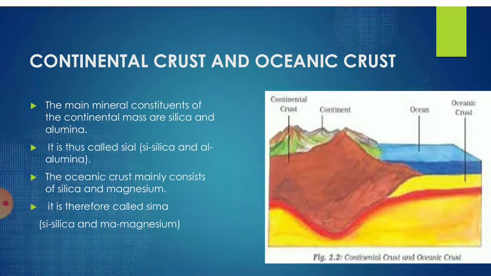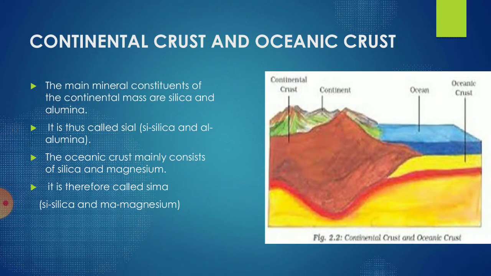Now let us see the difference between the continental crust and the oceanic crust. The main mineral constituents of the continental mass are silica and alumina. As I told you, the continental crust is made up of silica and alumina. It is thus also known as Sial.